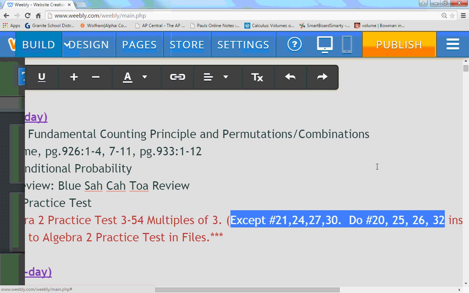It's due with the same test on Tuesday, on Wednesday. So multiples of 3 to number 54, except for, throw out these 4: 21, 24, 27, 30, and do these 4 instead. You can always just go to my website and look at that.